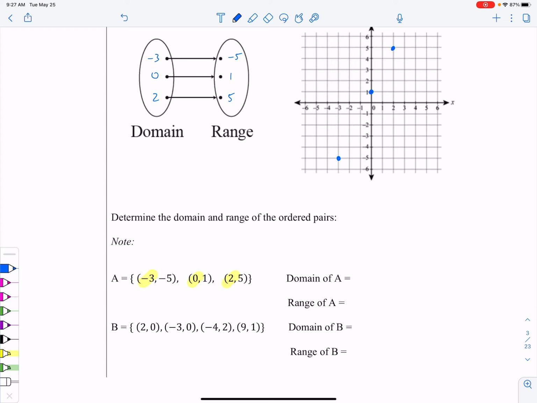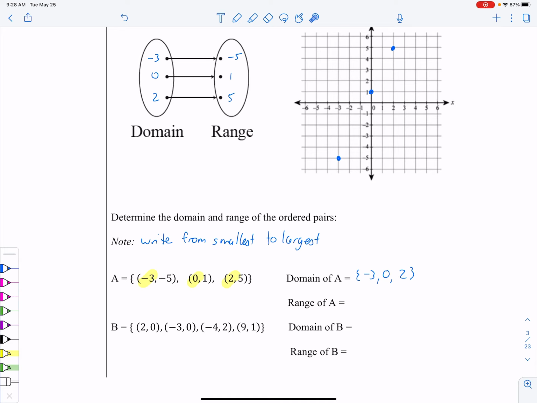And we always want to make sure we write them from smallest to largest. Okay, so these ones are already organized smallest to largest, but if they weren't, you would need to reorganize them. So we have -3, 0, and 2.